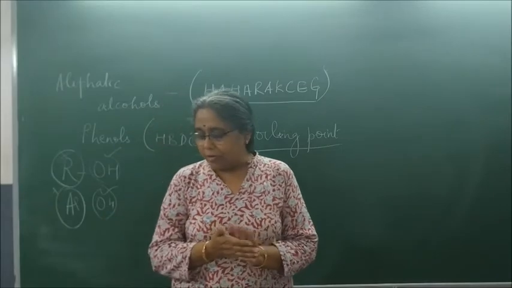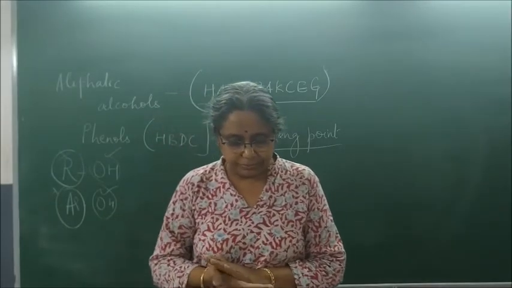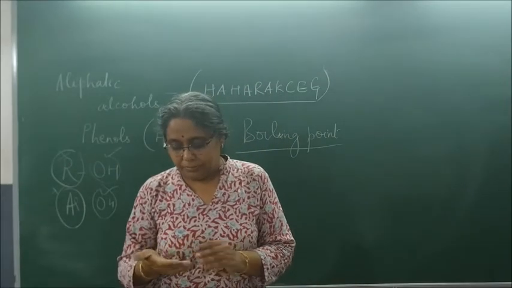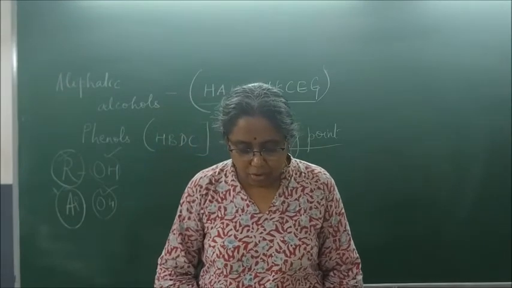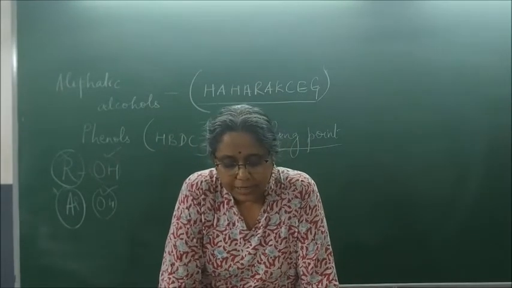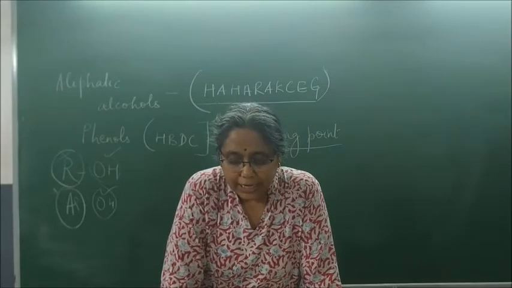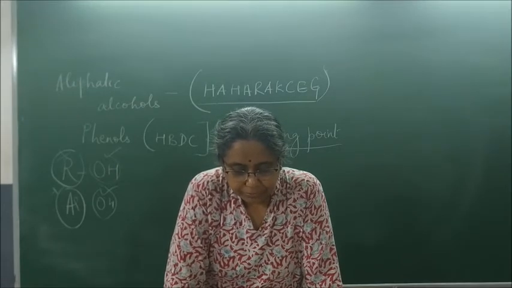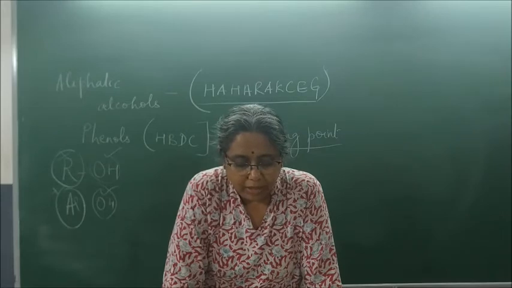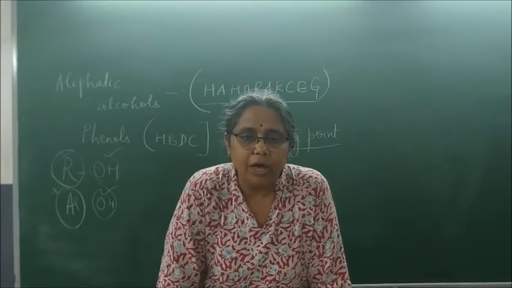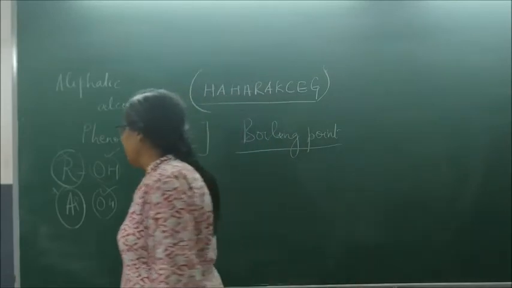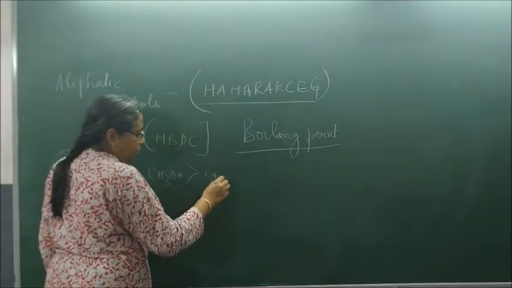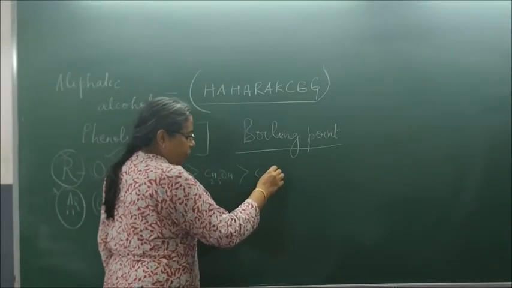So please write, in alcohols, the boiling point increases with increase in number of carbon atoms. What does it mean? Methanol will have low boiling point when compared to ethanol, when compared to propanol.